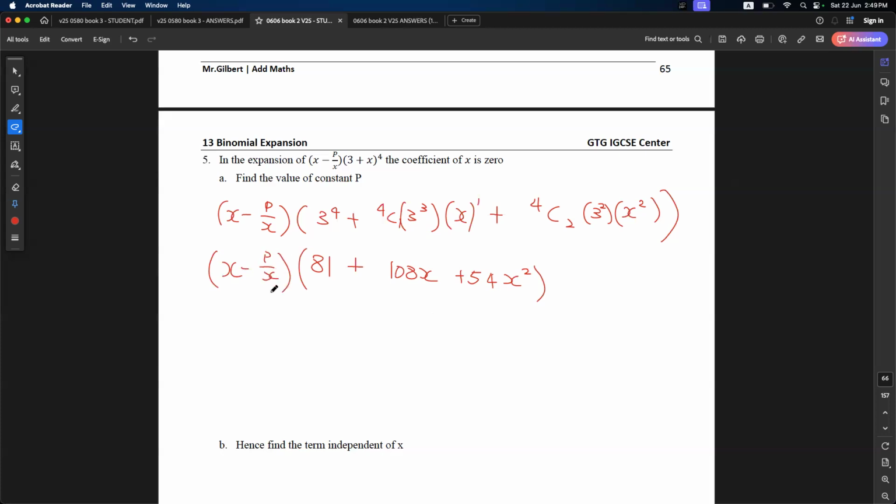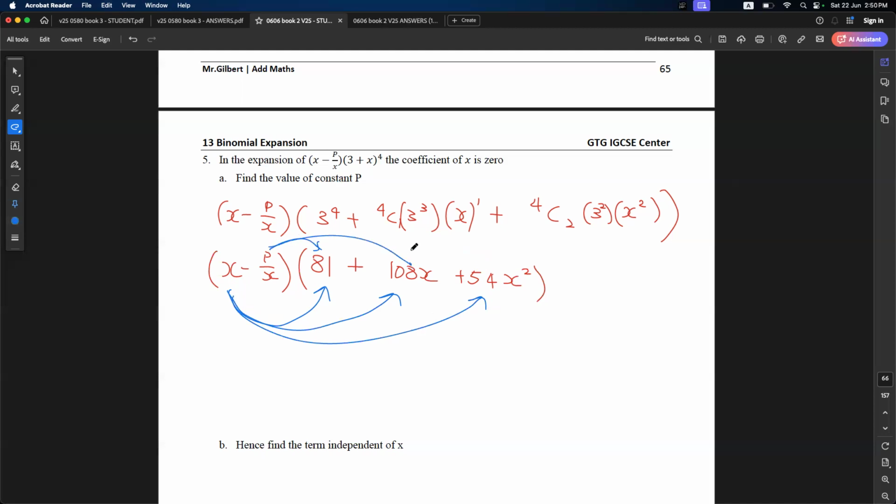So in this question, they say the coefficient of x is 0. Which multiplication will give you the coefficient of x? It has to be this times this, and this times this. Now, guys, like I told him just now, you can do it the dumb way. You can expand every single thing and see which one gives you x.